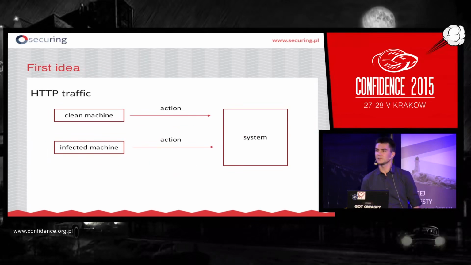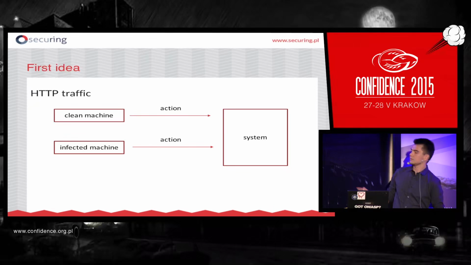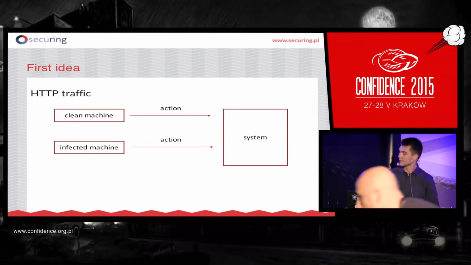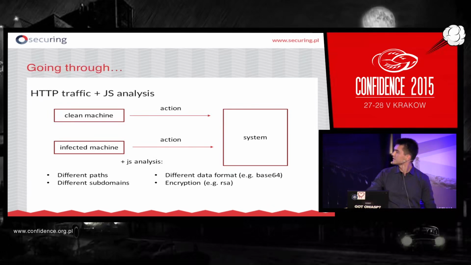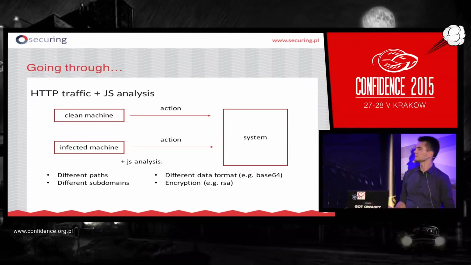So our first idea was really, really simple. It's not magic, really. We were intercepting HTTP traffic on a clean machine and on an infected machine. We did some action. Let's say the action was to log in to the bank. We did some JS analysis, and we've seen that on the infected machine, there are some different paths, different subdomains.